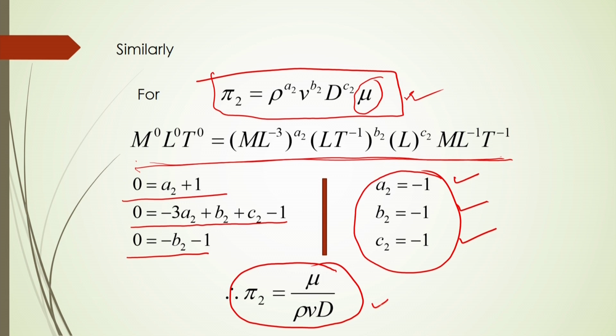So, here again you just verify whether this mu by rho V d is coming dimensionless or not.